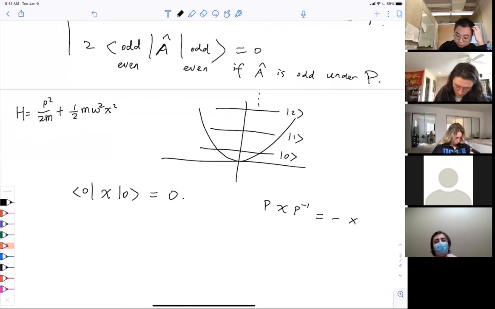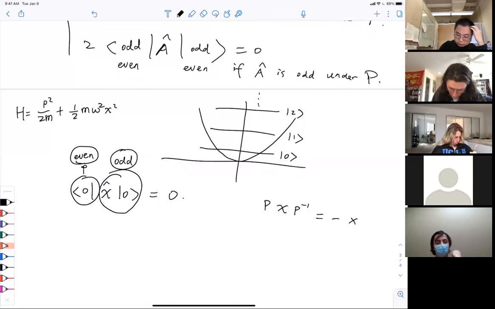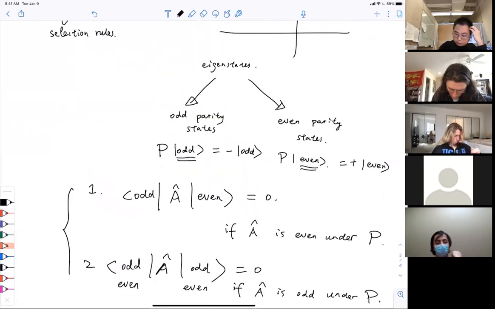Meaning that x acting on the ground state gives an odd parity state, while this one is an even parity state. An odd parity state's inner product with an even parity state is 0 because they are eigenstates of this operator with different eigenvalues.